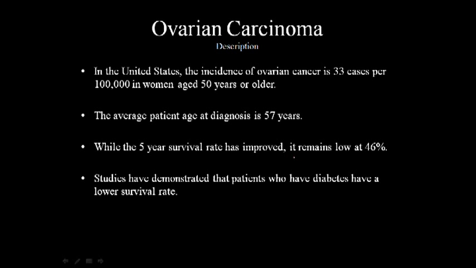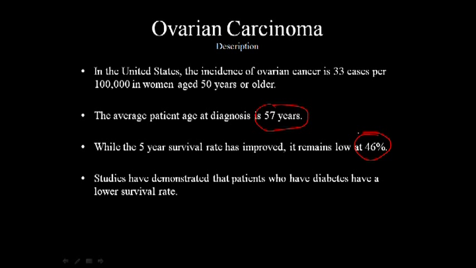In the United States, the incidence of ovarian cancer is 33 cases per 100,000 in women aged 50 years or older. The average age at diagnosis is 57 years old, but that's not to say that you have to be 57 to get ovarian cancer. While the 5-year survival rate has improved, it remains low at 46%.